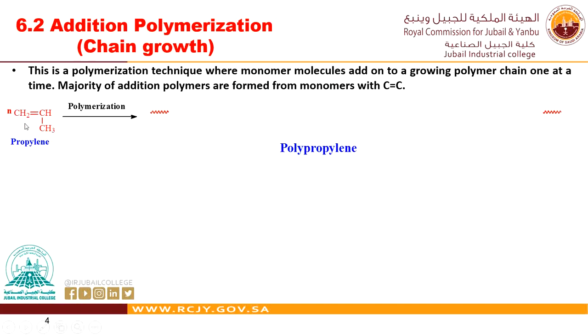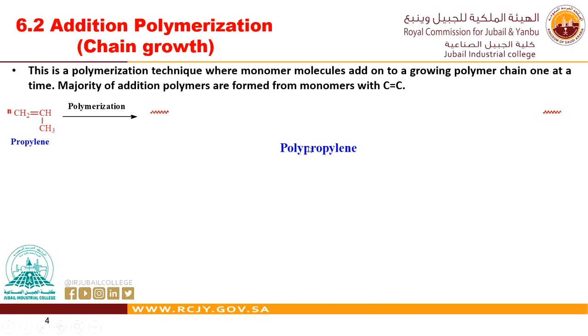A typical example of that is propylene. We have a propylene monomer here, which is CH2, and you have a double bond here. In this reaction, the double bond undergoes polymerization to form a single bond, and that is why it is called chain growth polymerization. So why do we call it chain growth polymerization?